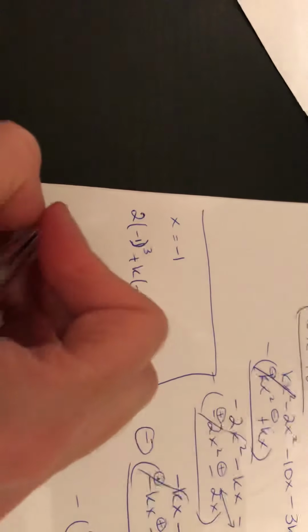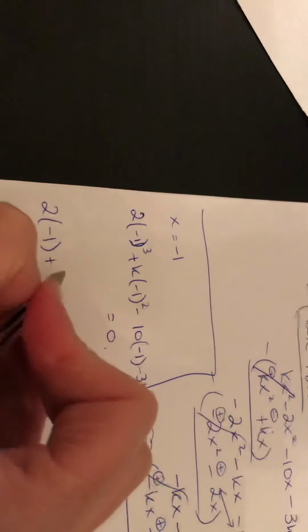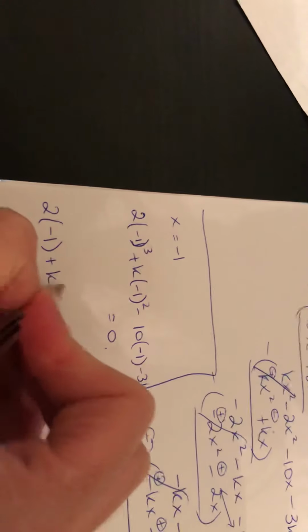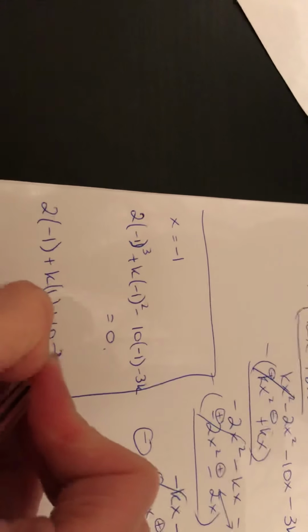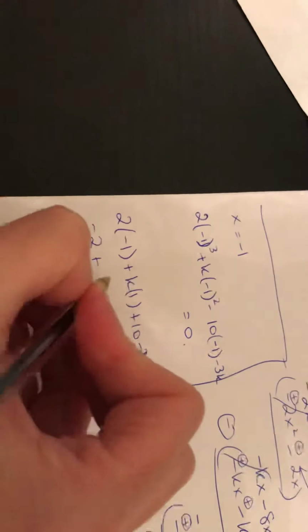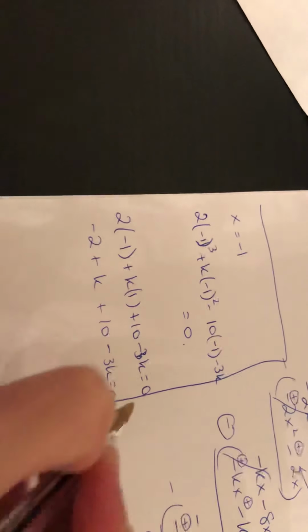Minus 1 cubed is minus 1. Plus k times minus 1 squared is a plus k. Minus 10 times minus 1 is plus 10. Minus 3k is equal to 0. That gives me minus 1 plus k plus 10 minus 3k equals 0.